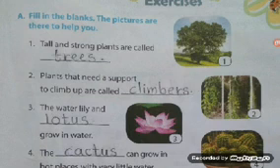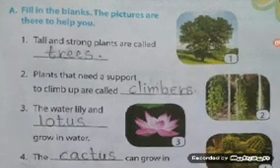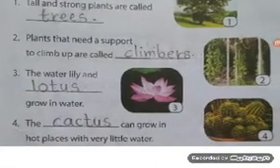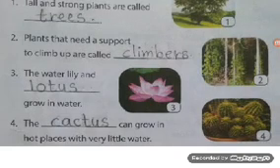For number 2, there is a picture of climbers, correct? Number 3. The water lily and lotus grow in water. Number 3 picture is of a lotus flower. And now number 4. The cactus can grow in hot places with very little water.